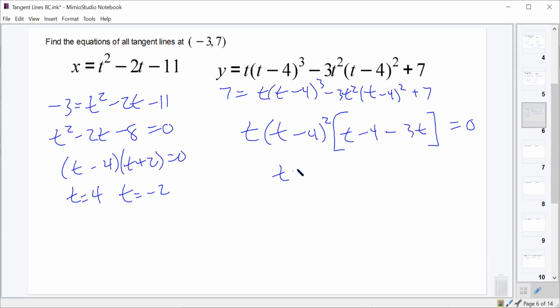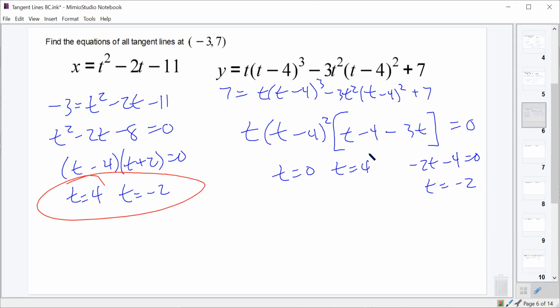So we end up with t equals 0, t equals 4. And then this one becomes -2t minus 4 equals 0, or t equals -2. So it looks like we have an overlap of two different values. T equals 4 and t equals -2. Everybody agree with that?